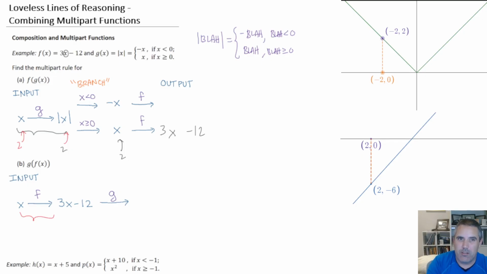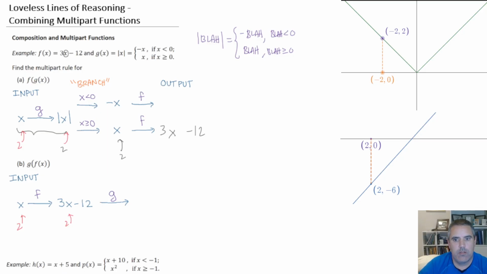If you think about the other direction, what happens if we plug in a 2 right away, and you plug in a 2 here, what's going to happen? Let's do that. So now we're plugging 2 into the function. We get negative 6. Then we're plugging negative 6 into the first function. So let me give you that picture.